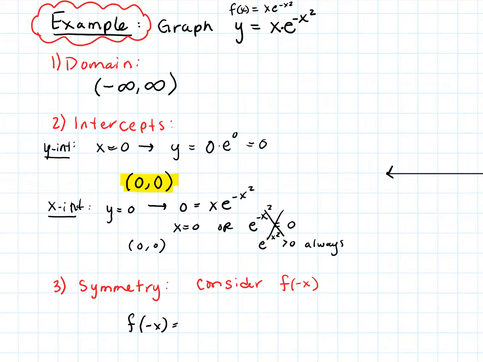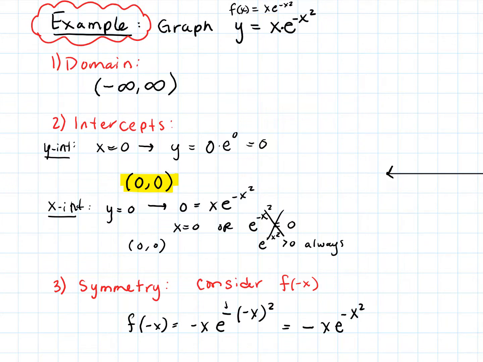So f of negative x, plugging in negative x everywhere, would be negative x times e to the negative x quantity squared. But that's going to be negative x times e to the negative. When you square the negative x here, it becomes just x squared, but there's this negative on the outside. So you've got negative x squared.